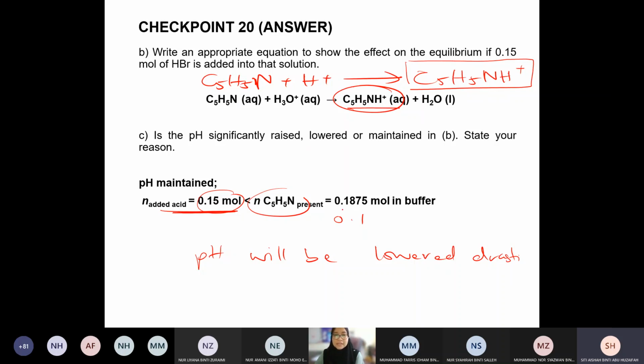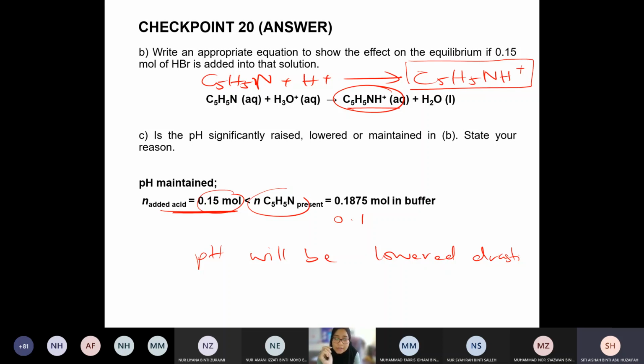Okay, sebenarnya maintain ni bukanlah maintain initially dia 8 and then lepas letak asid dia still 8. No, bukan. Dia initially dia 8. Okay, bila dah letak asid dia akan turun sikit. 7.9. Letak lagi asid, 7.89. Letak lagi asid, 7.7. Tak adalah dia 8. Letak asid, jatuh 2.